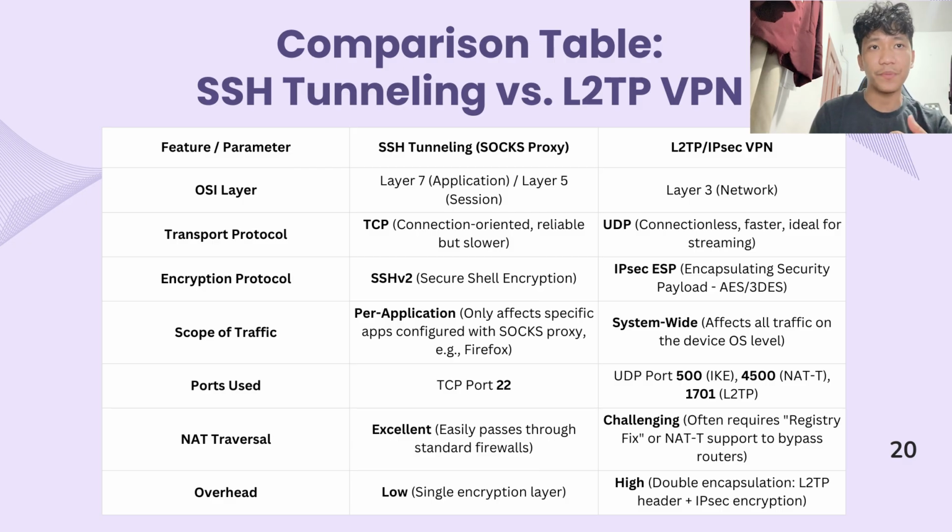Second one is encryption. SSH uses SSHv2, whereas L2TP relies on IPsec or ESP, which is the industry standard for VPNs. And finally, the scope. SSH is great for specific apps like Firefox, but L2TP secures the entire device connection system-wide.